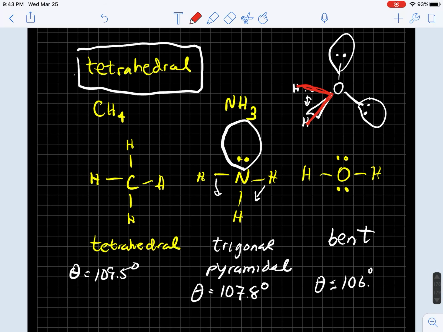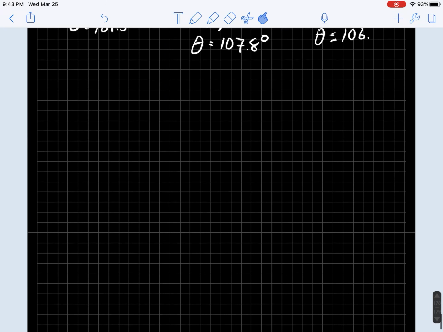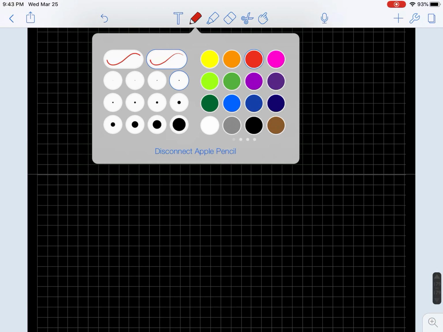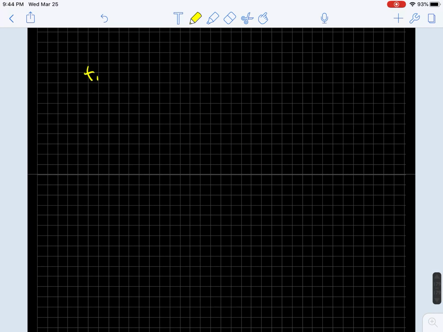Now, when you get to the expanded octets, the placement of the unshared pair starts to get interesting. For instance, in the trigonal bipyramidal family, you don't have to know any of the names of the distorted geometries, but if we were to have 5 areas of space, let's say we had 4 things bonded to a central atom, and then an unshared pair would take up the 5th space, where's the best place to put it?